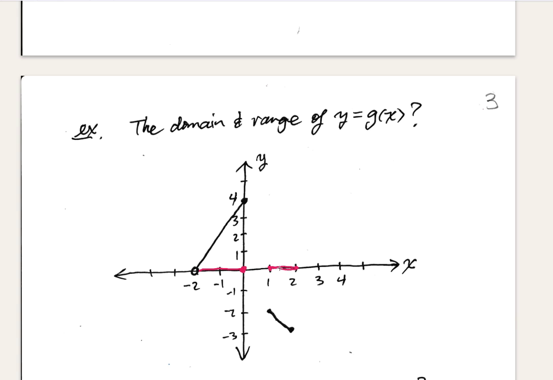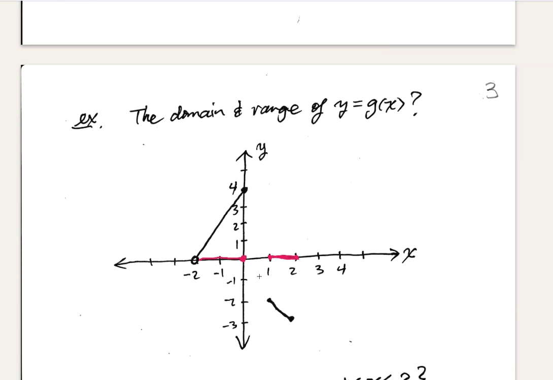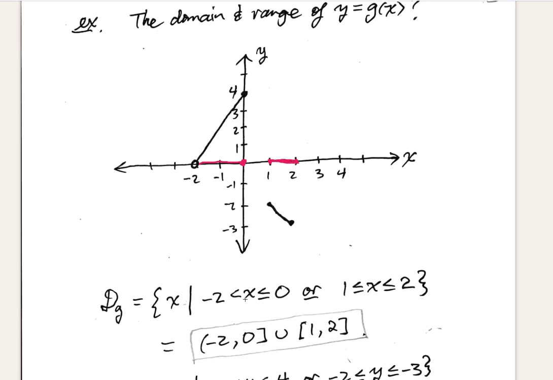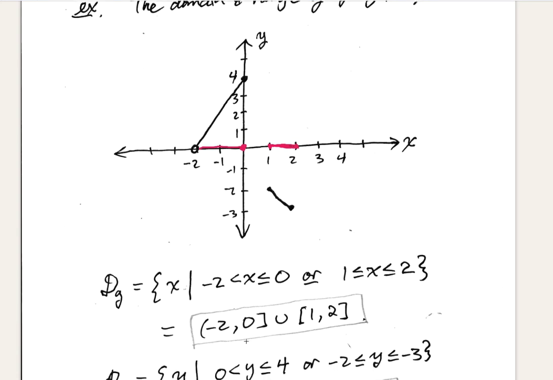So I would shade that in. So that would be my domain. Everything from -2 to 0, union 1 to 2. So -2 is less than x is less than or equal to 0, or x is between 1 and 2 inclusive. So in interval notation, we would have parentheses -2 comma 0 square bracket, union 1 to 2.